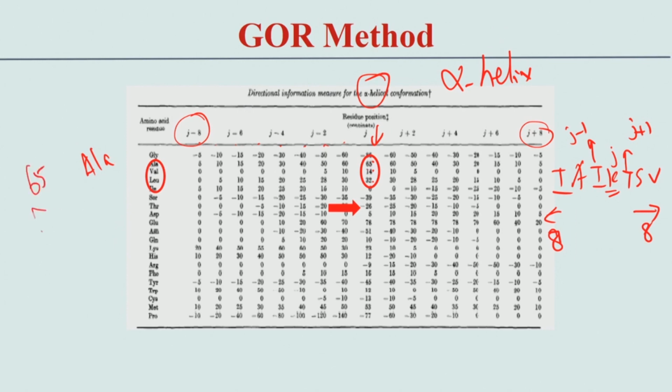Here is 14, this corresponds to valine, and here 32, this corresponds to leucine. And this is glutamic acid, this is 78, Glu. So from this, which residues are preferred at the central position? Alanine, valine, leucine, glutamic acid.